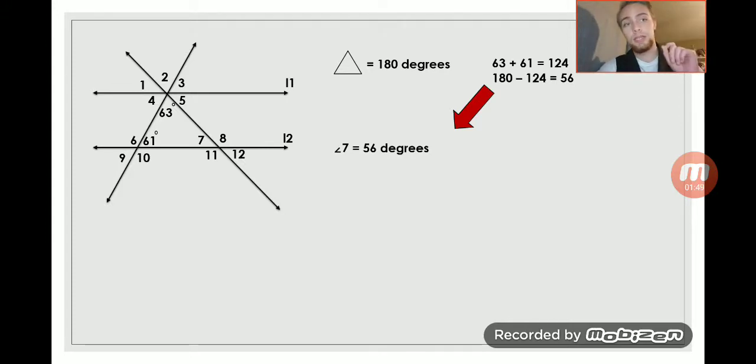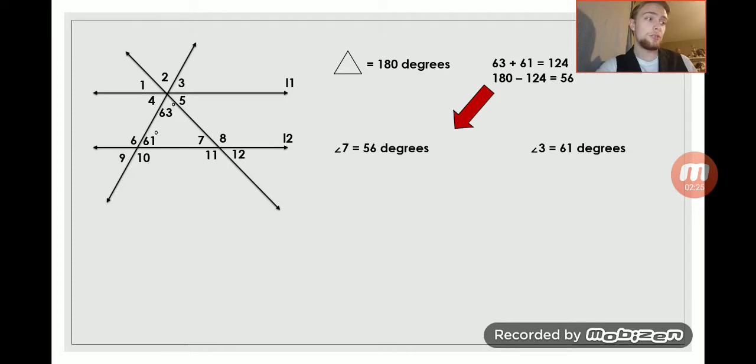Now, the order of these angles would be slightly out of order when we figure them, because we have to jump around just a tad. So we are actually going to skip to figuring out angle number 3. And we can see angle number 3 is 61 degrees. Now why is that? Well, the answer is actually quite simple. If you look at the figure, you can see angle 3 and the angle that says 61 degrees are the exact same angle.